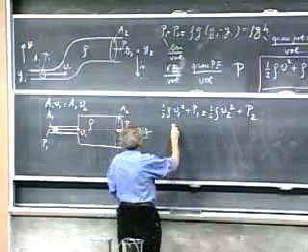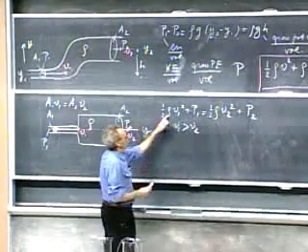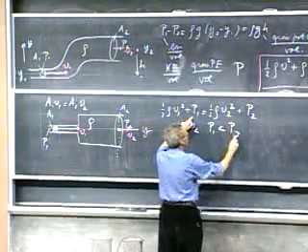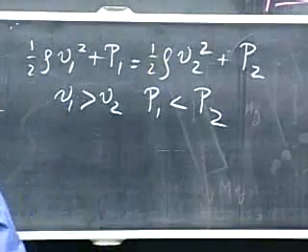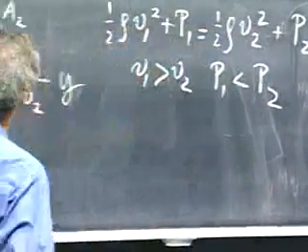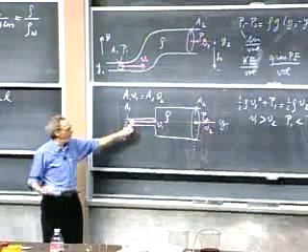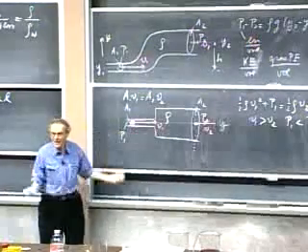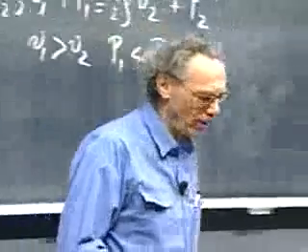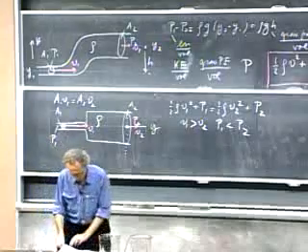Now V1 is larger than V2. The only way this can be correct is that P1 must be less than P2. So you will say, big deal. Well, it's a big deal, because I would have guessed exactly the other way around, and so would you. Here is where the highest velocity is, and all our instincts would say that if the velocity is high, there's a lot of pressure. It's exactly the other way around. Here is a low pressure, and here is a high pressure, which is one quite bizarre consequence of Bernoulli's equation.